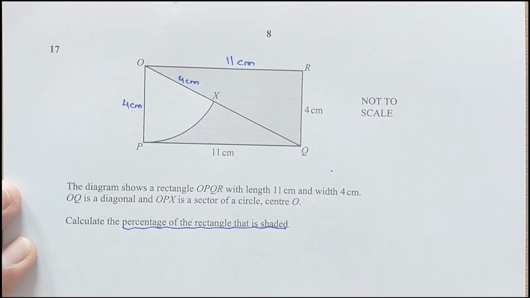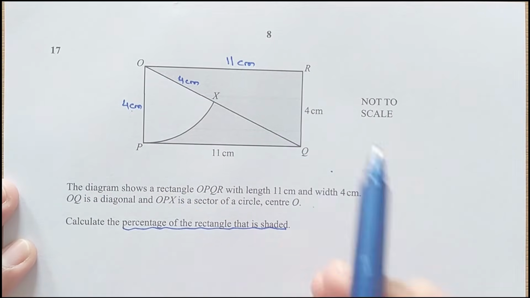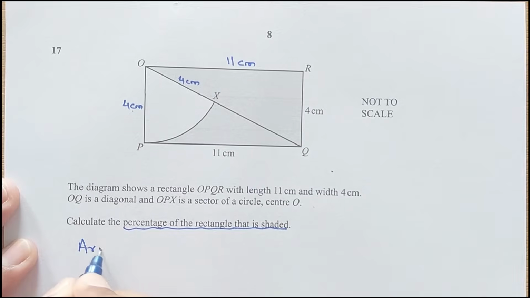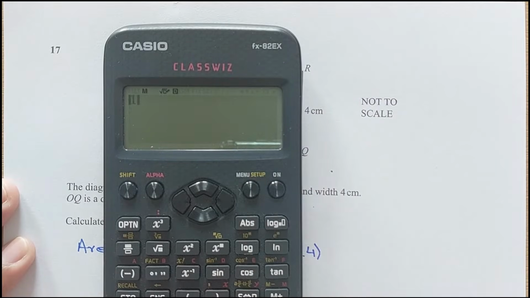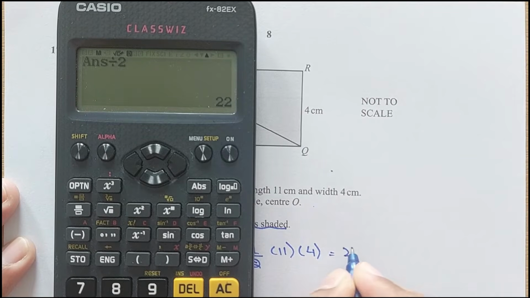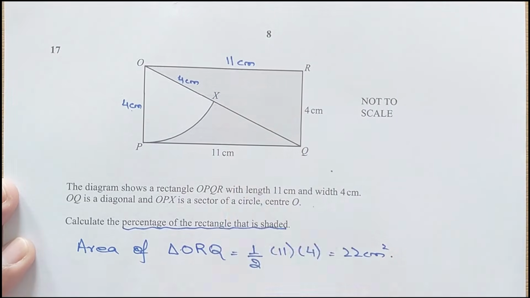So the shaded area includes the area of this triangle ORQ, which is half base times height. Base is 11 and the height is 4. So 11 times 4 divided by 2 is 22. So 22 centimeter square is the area for this shaded triangle.